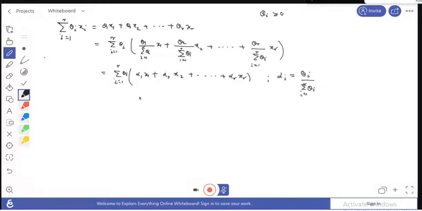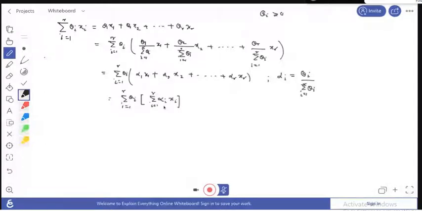Okay, so now we can write this in this form, and this can be written as the summation over i equals 1 to r of alpha i xi.